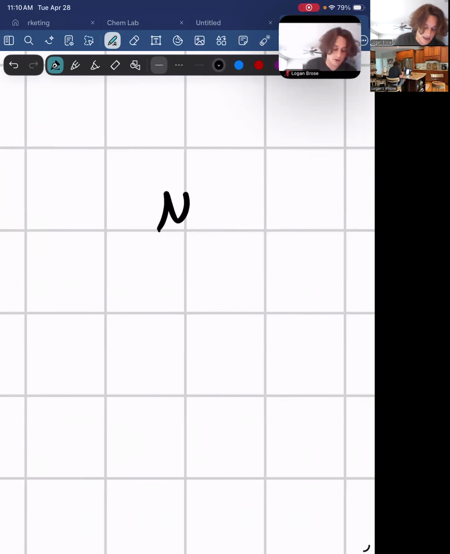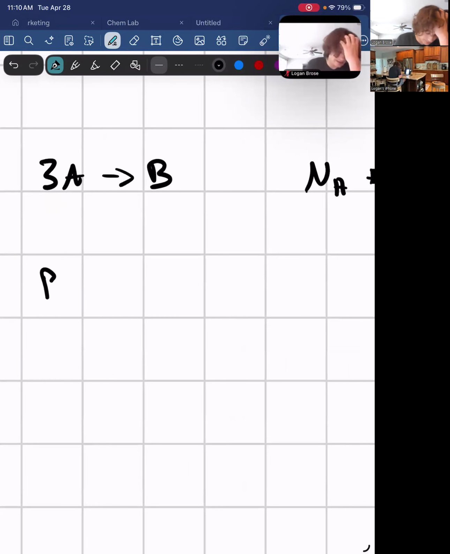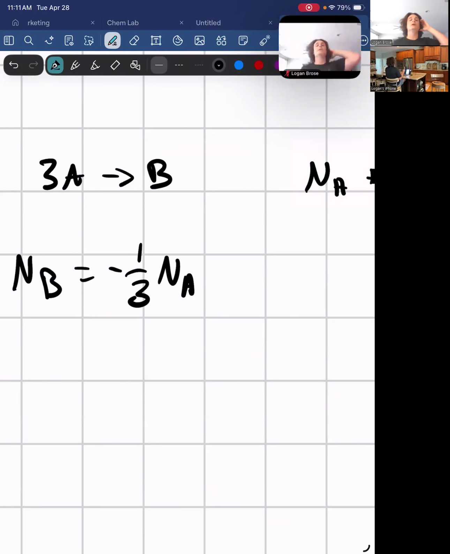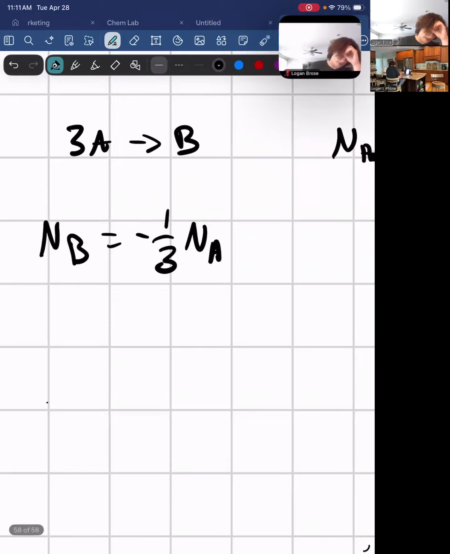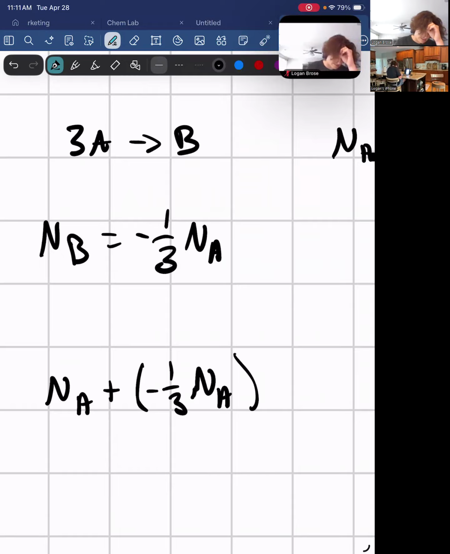Well, we know our NA plus our NB equals our N. And so NB equals negative 1/3 NA, because you need 1/3 of your A going in the opposite direction to get your B. So we plug that in, NA plus our negative 1/3 NA equals our N, or our N then just equals 2/3 NA.